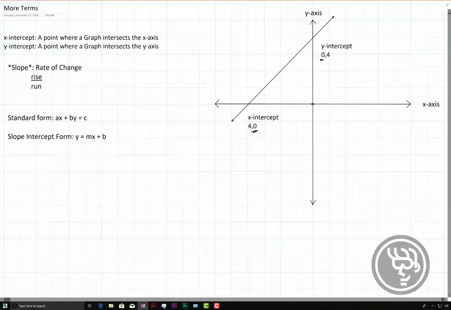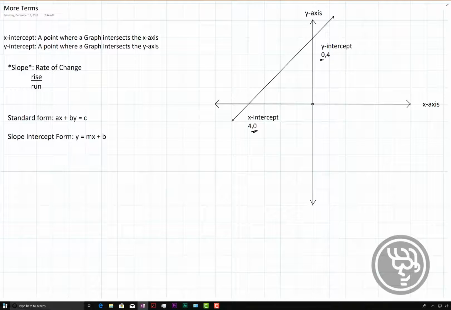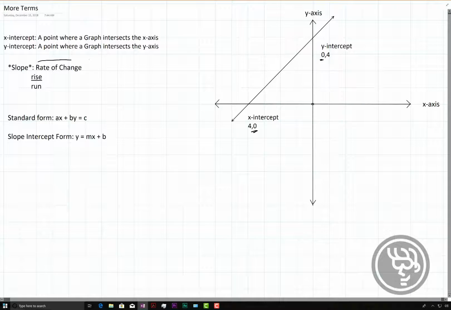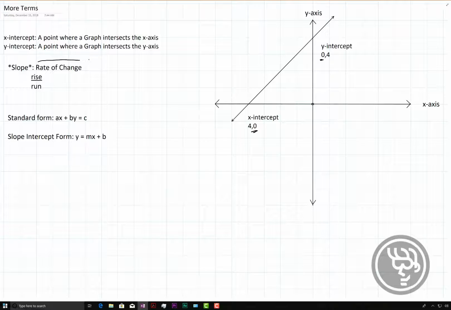Okay, one of the most important things we need to talk about when it comes to lines is the slope. Slope is nothing more than a rate of change, and that rate of change is defined by the rise over the run. So for however many you go from left to right, how many are you going to go up? That's the slope.